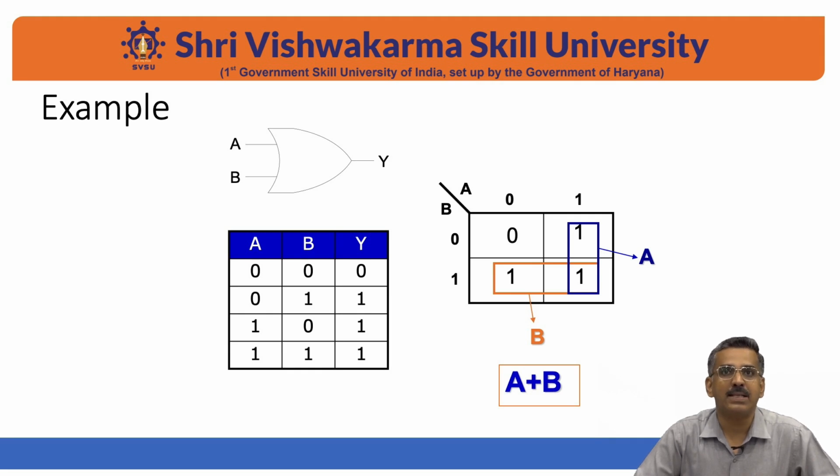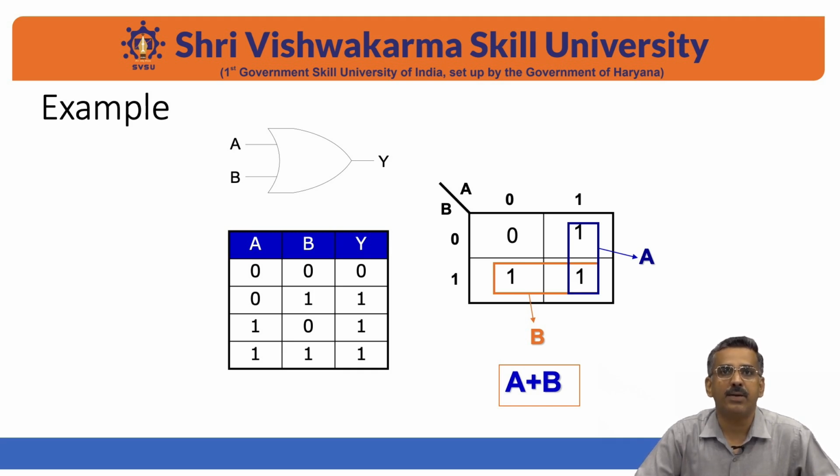We will place the values of the Boolean truth table into the Karnaugh map table. When A is equal to 0 and B is equal to 0, we place the 0 at this position. Similarly, when A is 0 and B is equal to 1, the output is 1, so we place this 1 at this cell.